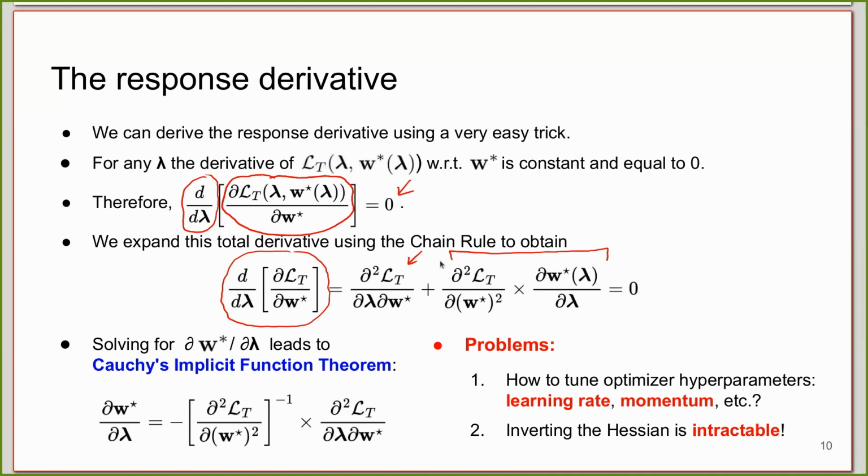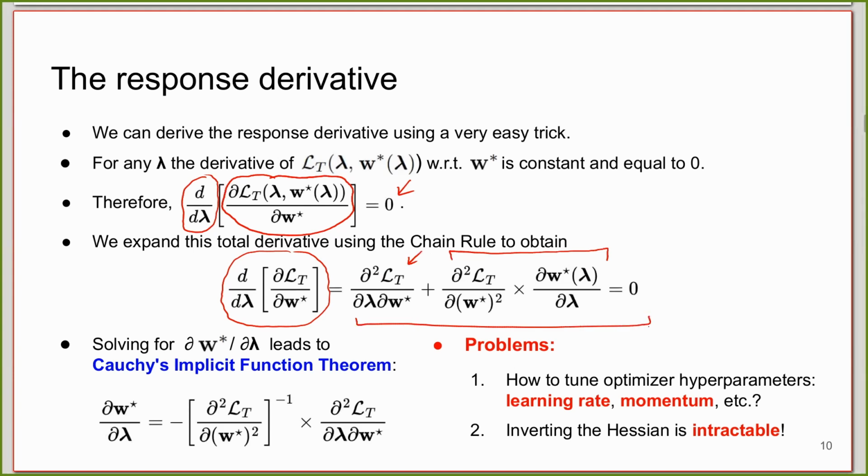So you just calculate this gradient. It's the same as before, but we have replaced the validation loss with the gradient of the training loss. And you know that this is 0.